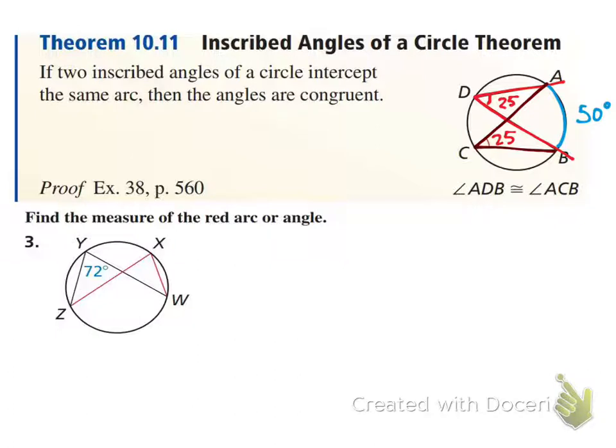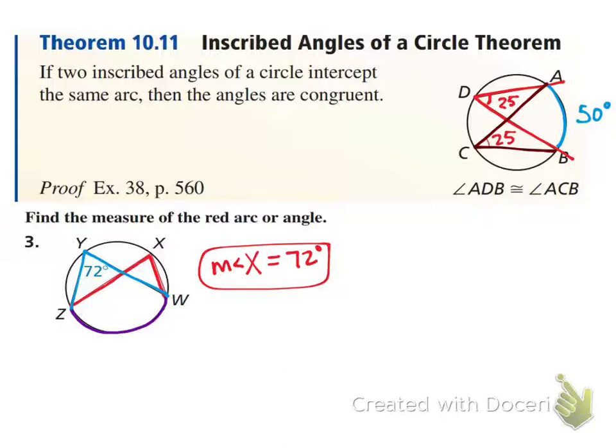So number 3, it says find the measure of the red arc or angle. We want to find angle X. What is the name of its intercepted arc? ZW. What other angle intercepts ZW? Angle Y. What's the measure of angle Y? 72, which means the measure of angle X will also be 72.